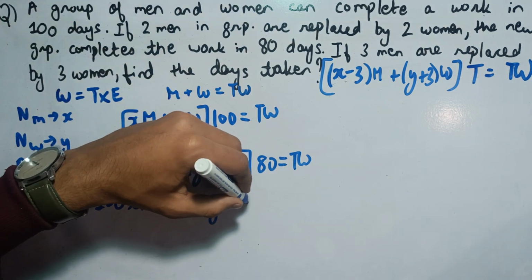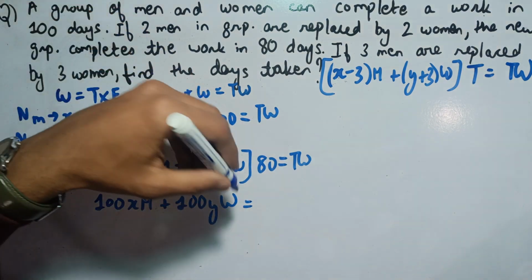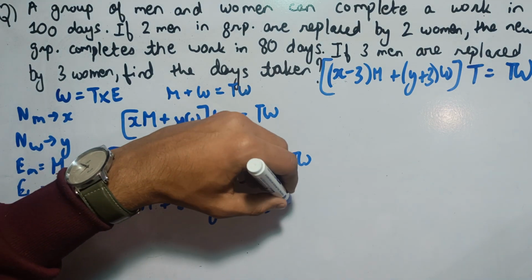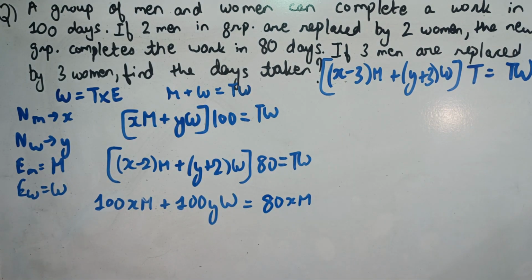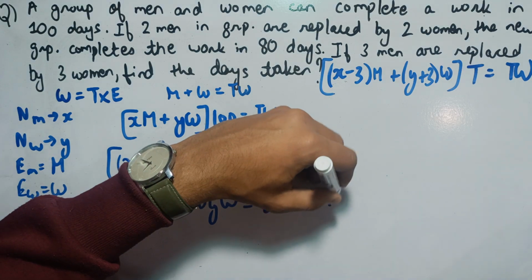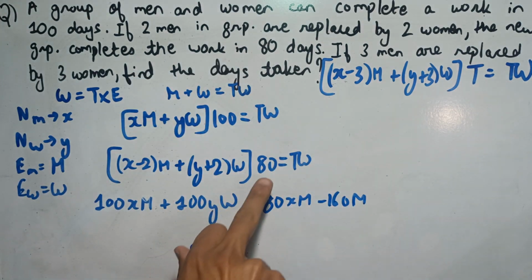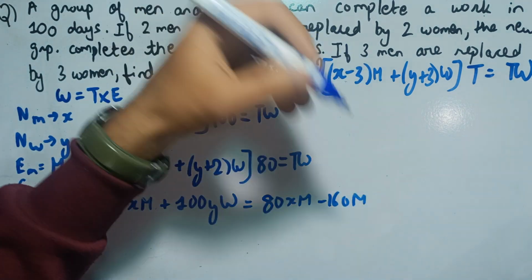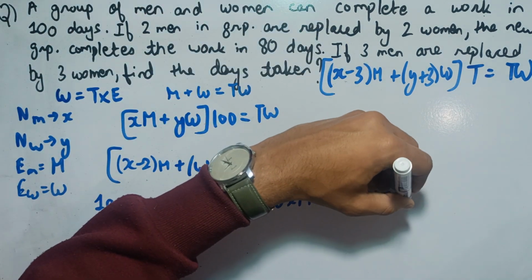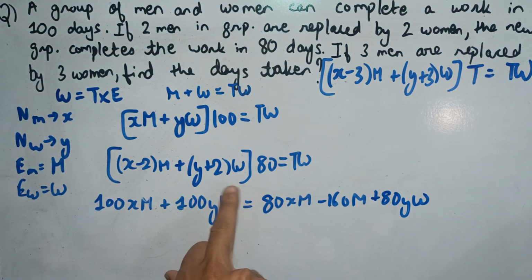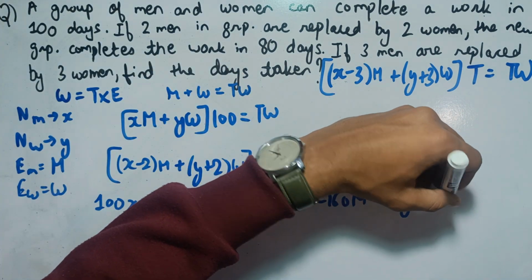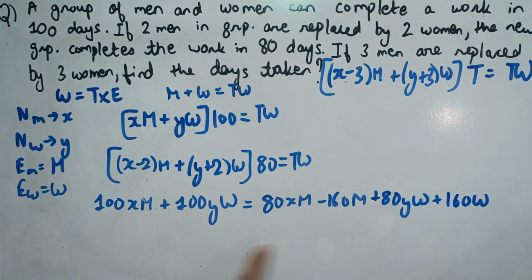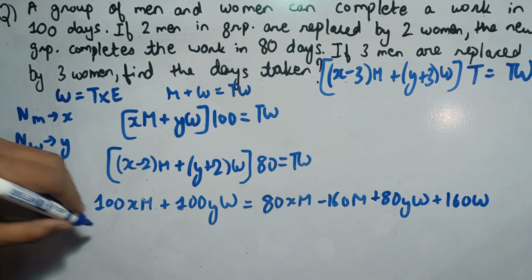While multiplying this, and we'll multiply this also, this would give us 80 XM and 160 M. Further multiplying, this will give us 80 YW plus 160 W. Now this is equal to 100 XM minus 80 XM.